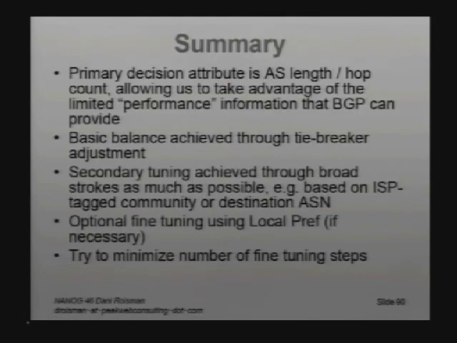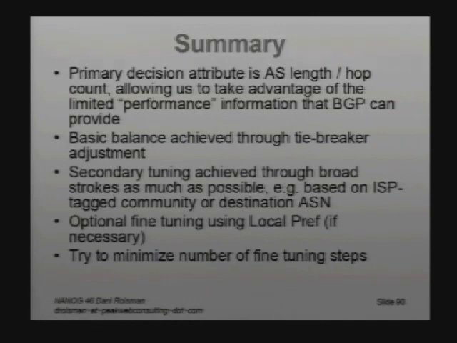So, in summary, in the metric system, the primary decision attribute is the AS length, or hop count. That allows us to take advantage of the limited performance information that we can get in BGP, which is how many networks away this prefix is. You're going to get your basic balance through your tiebreakers, your catch-alls. Secondarily, if you need to do a little more tuning, go ahead and do some broad strokes, maybe based on community, destination ASN.